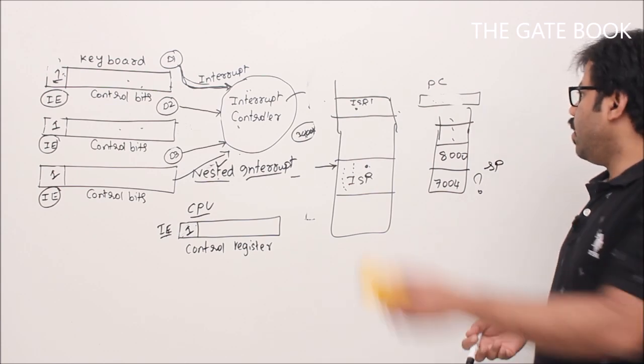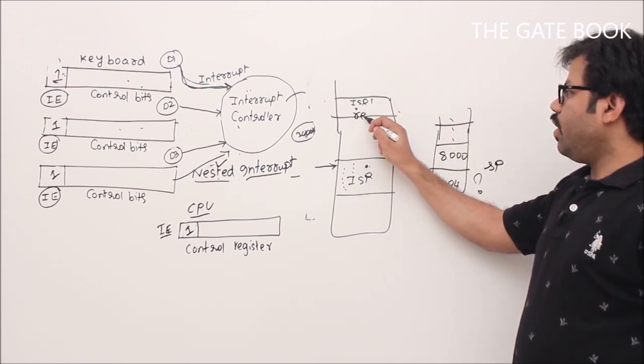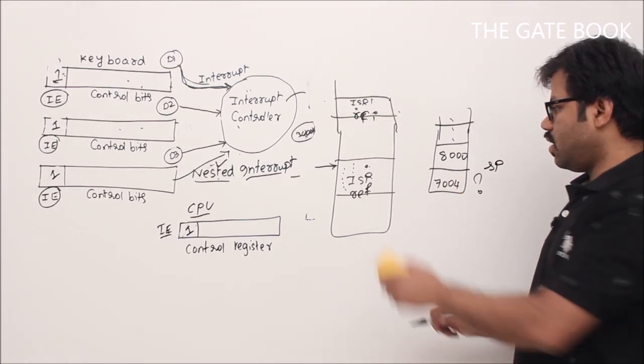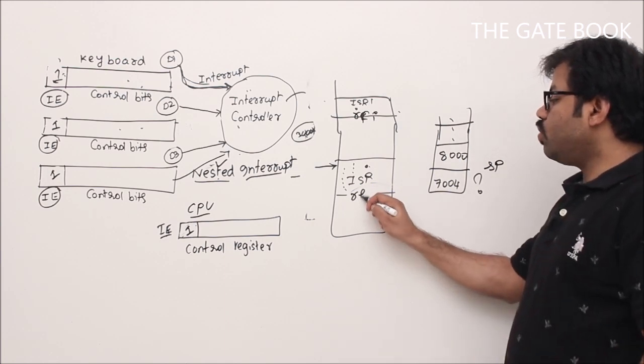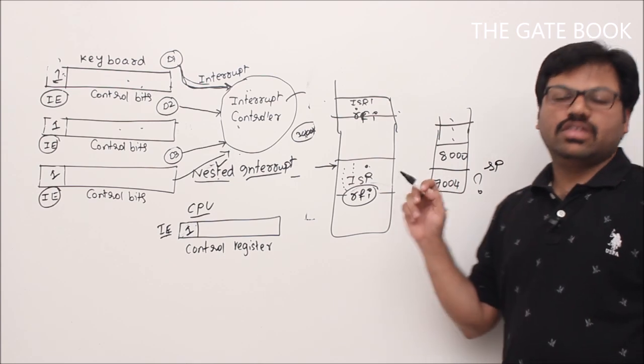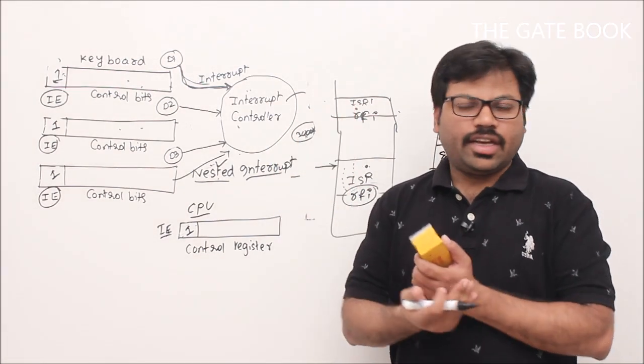Every interrupt service routine should have a return from interrupt instruction, RFI. What should be the work of that return from interrupt? It should pop from the stack, so that we go to the exact point of execution, correct?